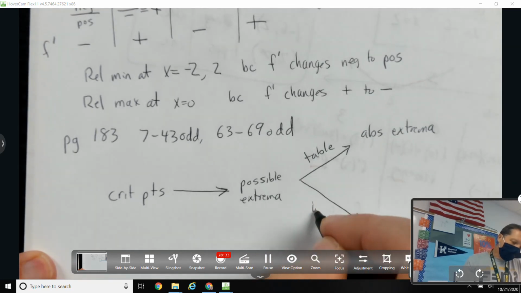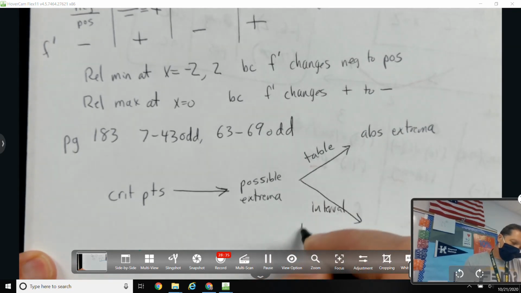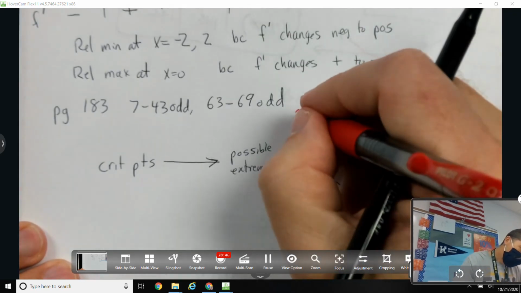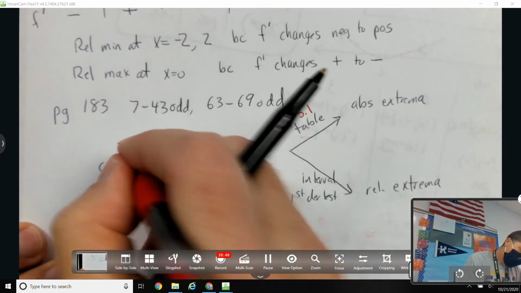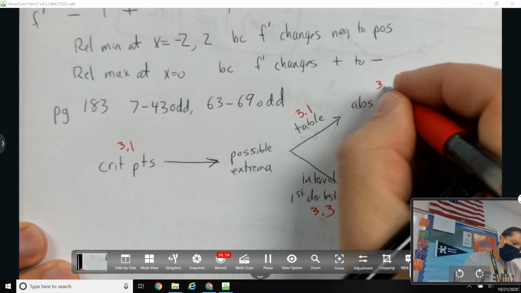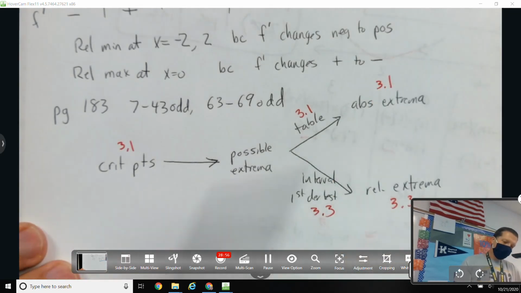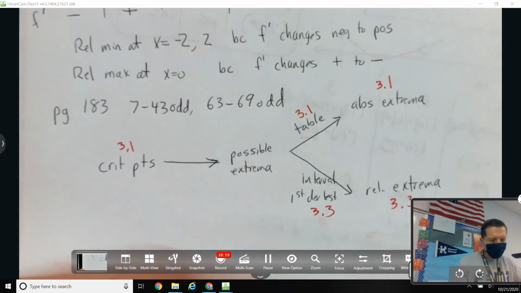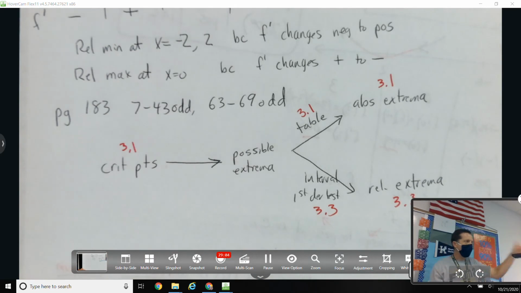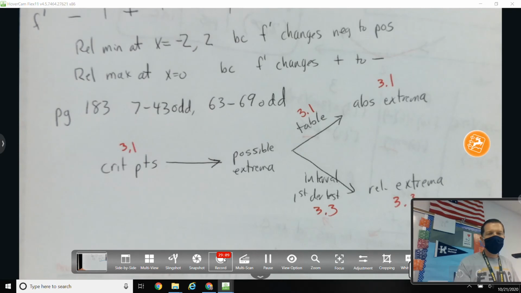We can do intervals with the first derivative test to tell us who's the relative extrema. So, sort of this top branch is what's on the quiz. This bottom branch is not on the quiz. But it still uses some stuff that we've been doing. All right, any questions on that?